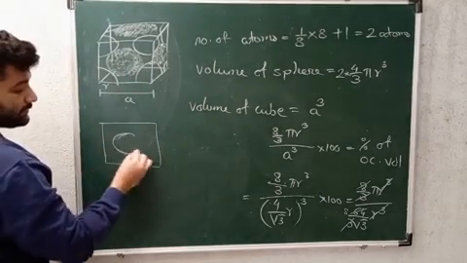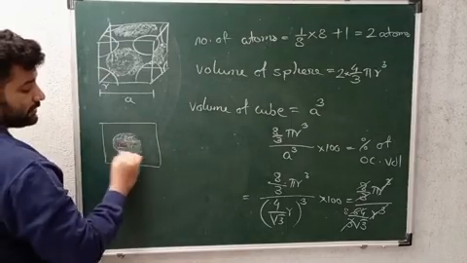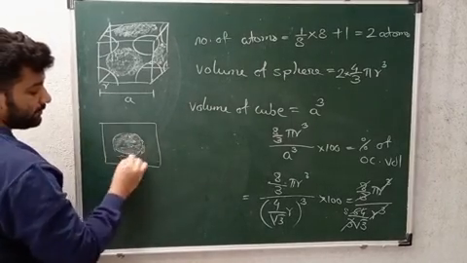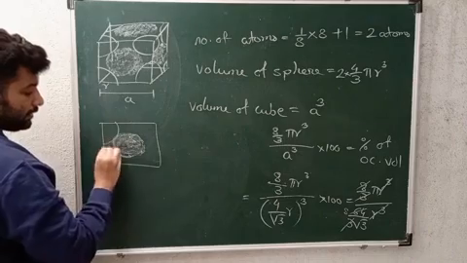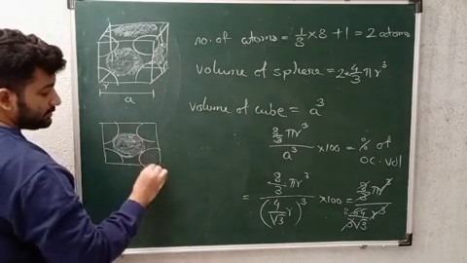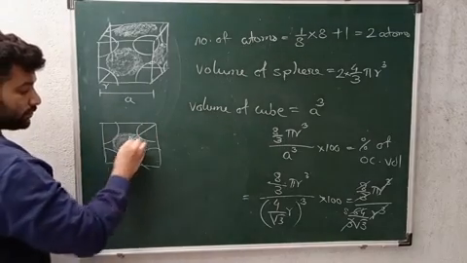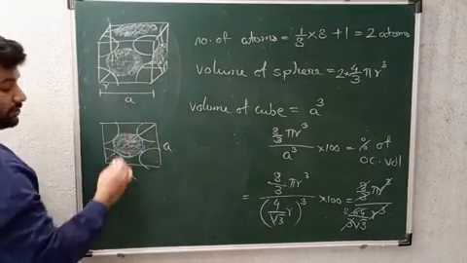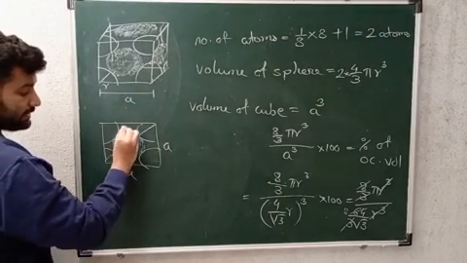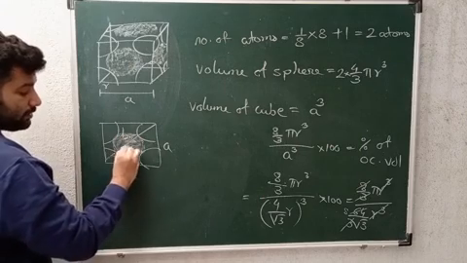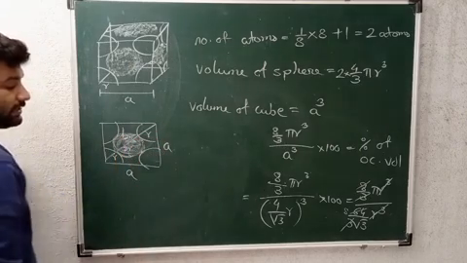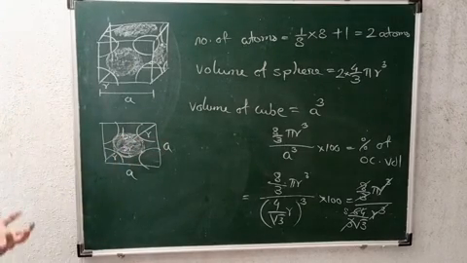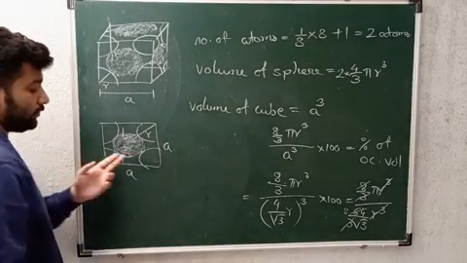Now we are just going to consider a simple face. At each face you will have half an atom and atoms at the corners. So we will just draw a diagonal. This is A and A, the edge length of the cube. This can be B. So R, 2R and R, so the value of B will be 4R.